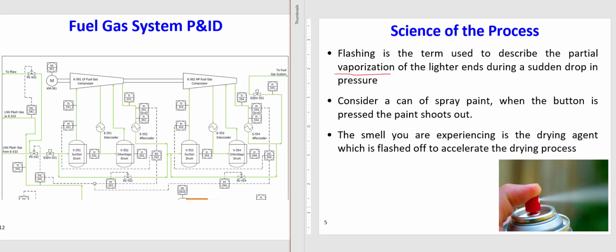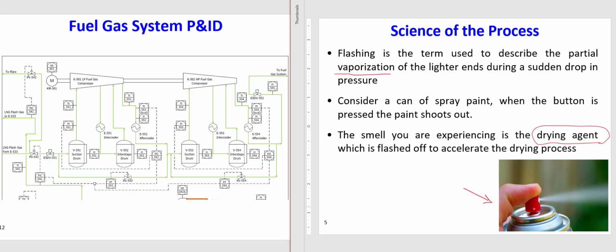One example is a can of spray paint. When you press the button, you shoot out the paint. But after a few seconds, you can smell the drying agent. Both the paint and the drying agent are together inside this can at high pressure.